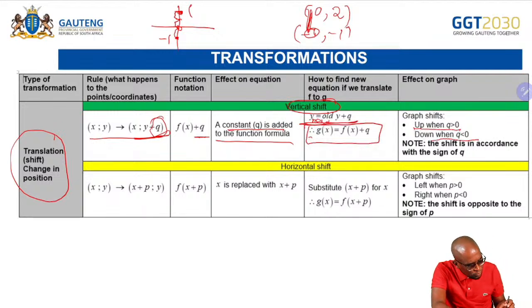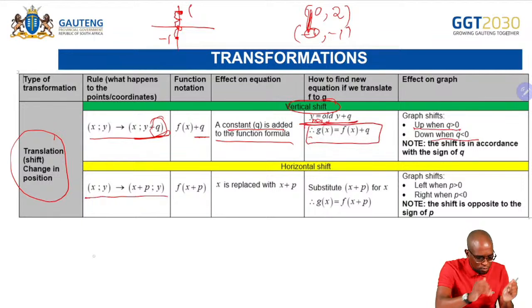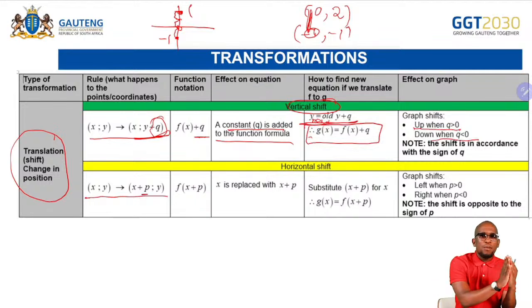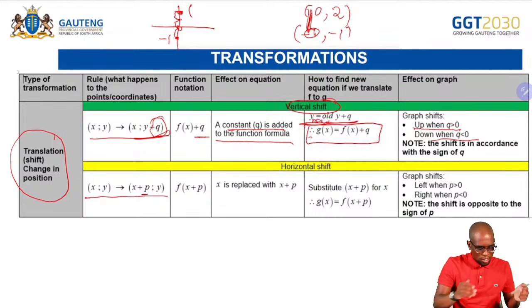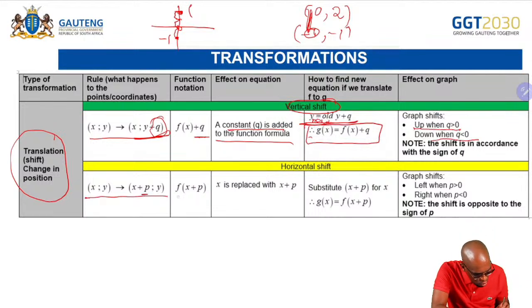Now, let's look at the horizontal movement. Now you want to move to the left or to the right. What you do is you are going to add p on the x because you are moving horizontally, which means that you are transforming the graph on the horizontal axis. Now also, if you're moving the whole graph, that is, if you move a point, I'll give an example here.